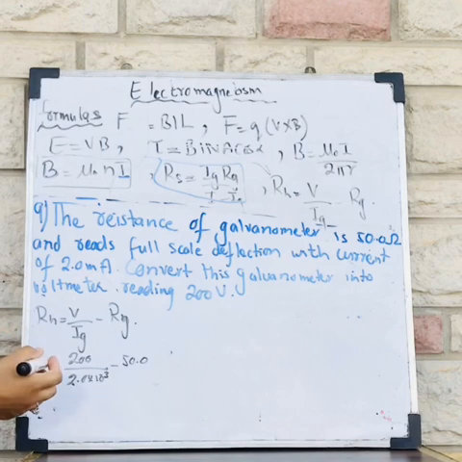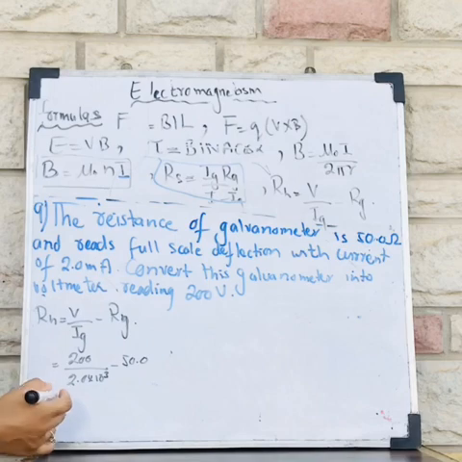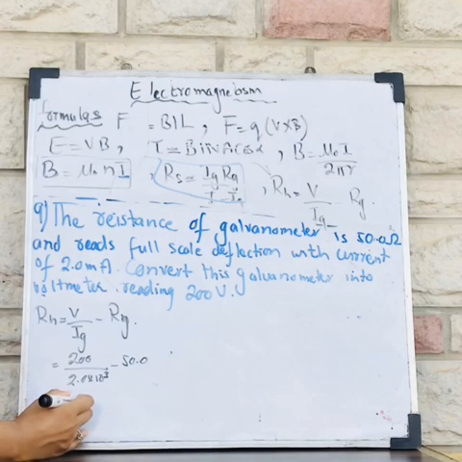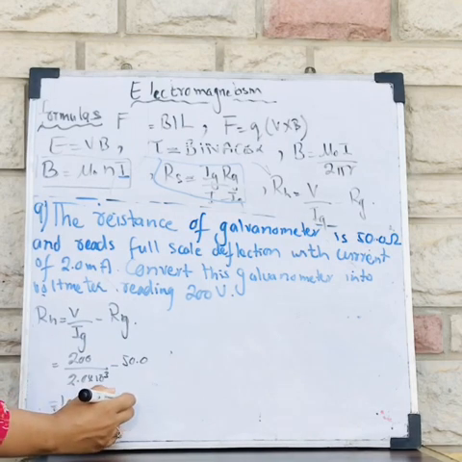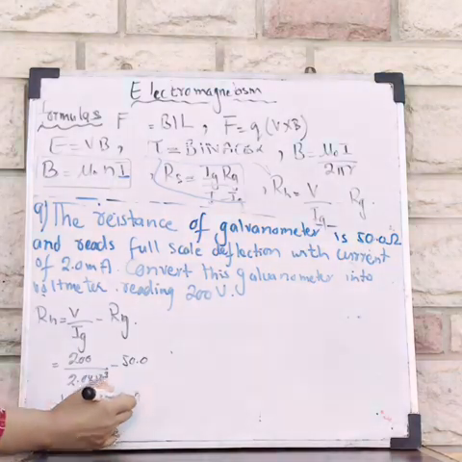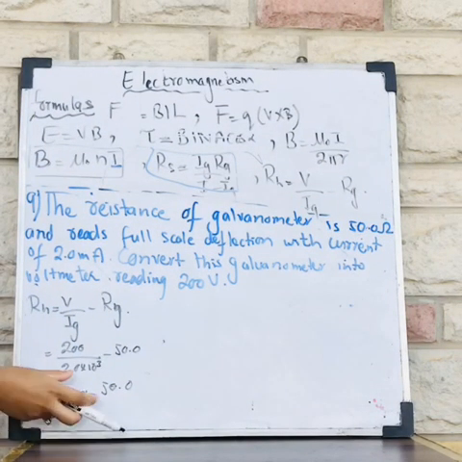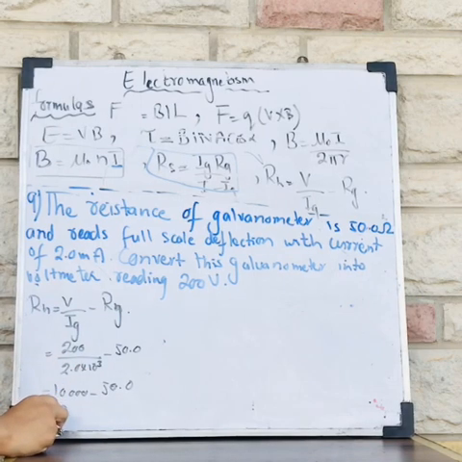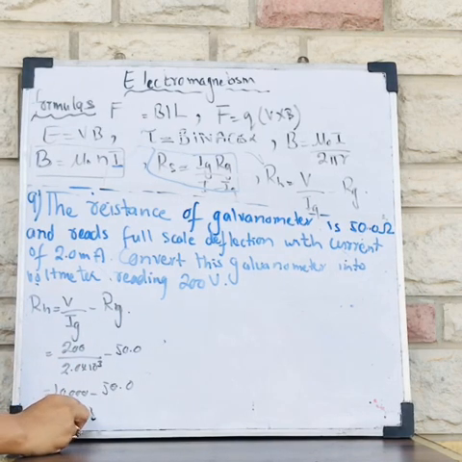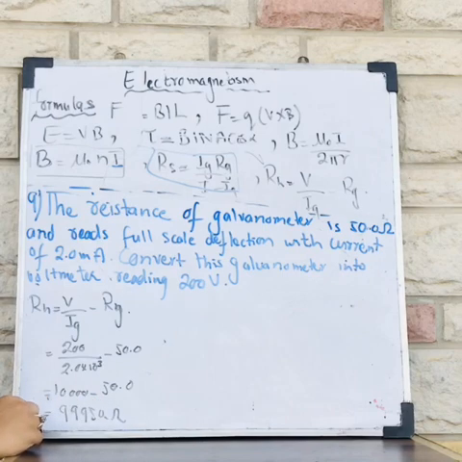When I divide 200 by 2.0 into 10 to the power minus 3, I get 10,000, minus 50.0. When I subtract, I get 99950 ohms. So that is the high resistance when I convert the galvanometer into a voltmeter.